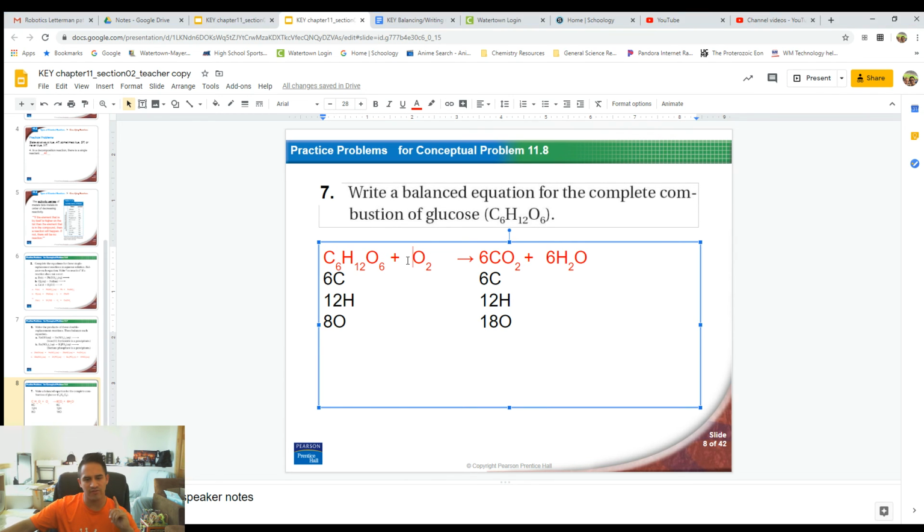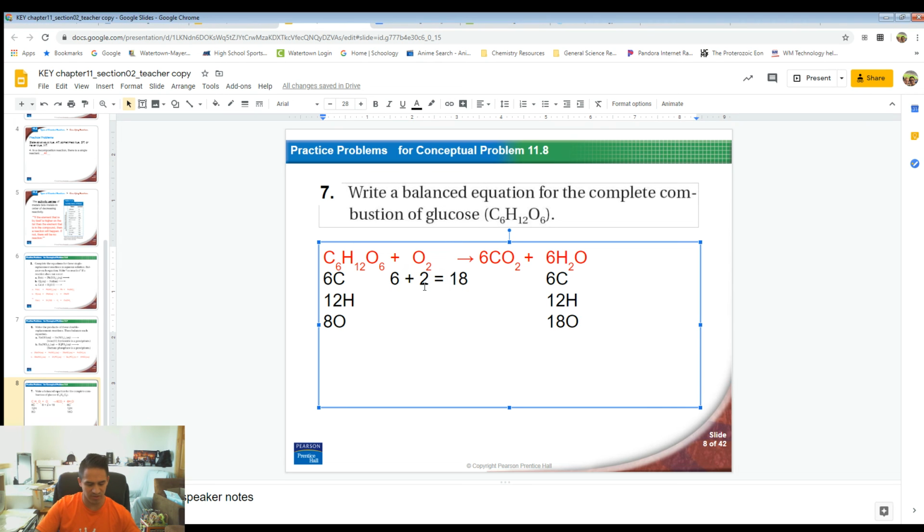If we put a number, however, just here, that only changes the oxygen number. So we have 6 oxygens there plus 2 oxygens here, and that needs to be equal to 18 oxygens total. Now, we're going to multiply this 2 by some variable to get it to be 18.